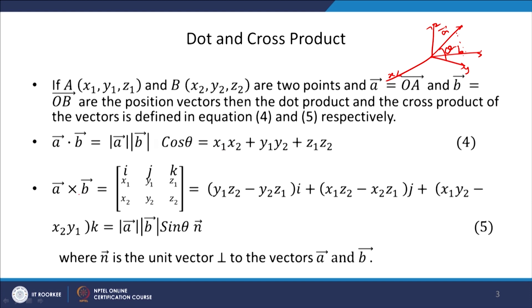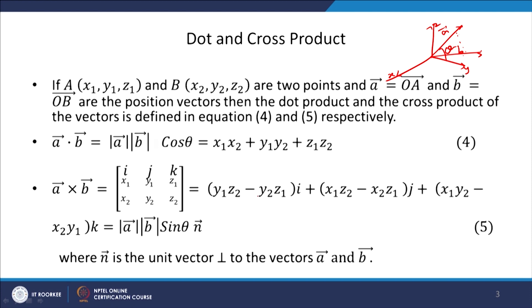The cross product A cross B is defined by the determinant as given in this expression. When we expand this determinant, we get the i component as y1 z2 minus y2 z1, plus the j component and k component as given here.